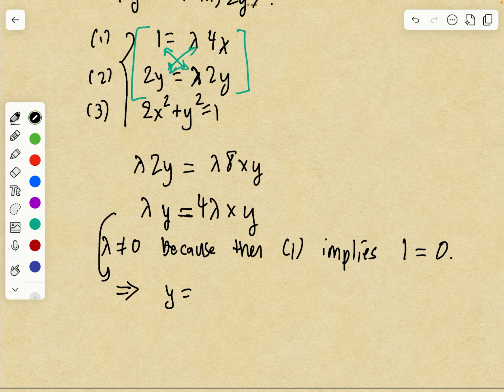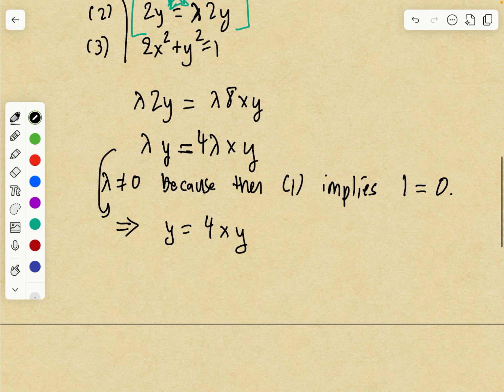You get y is equal to 4xy. And notice that I'm not dividing both sides by y, because y might be 0, and there's nothing stopping y from being 0, right? If you look at this third equation, it is possible for y to be 0, and then you're going to get some values of x.